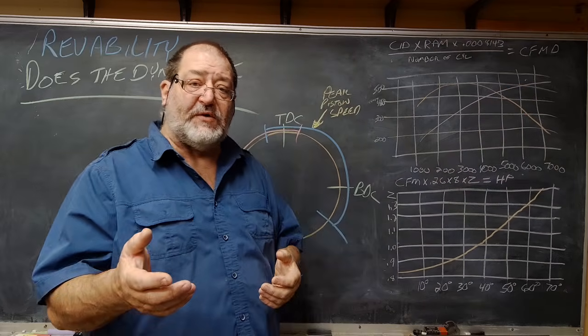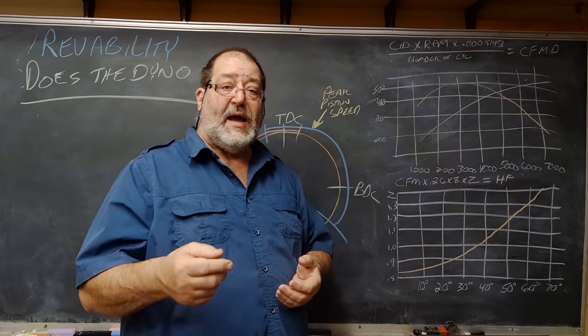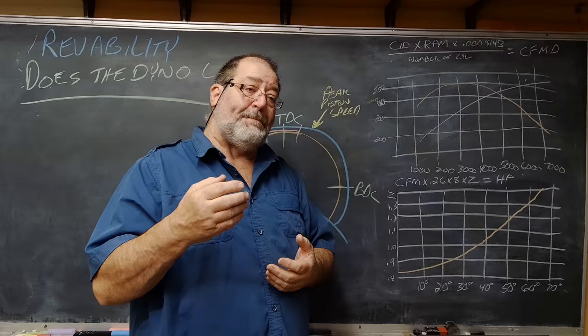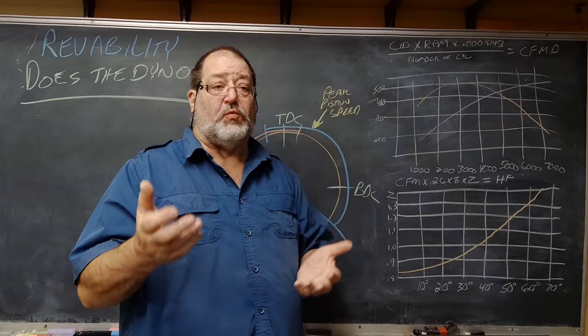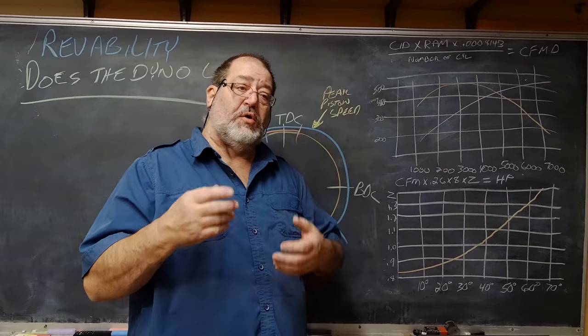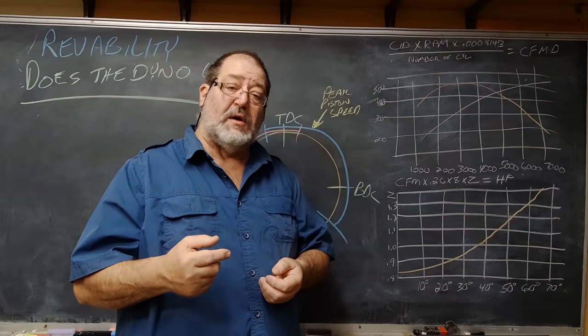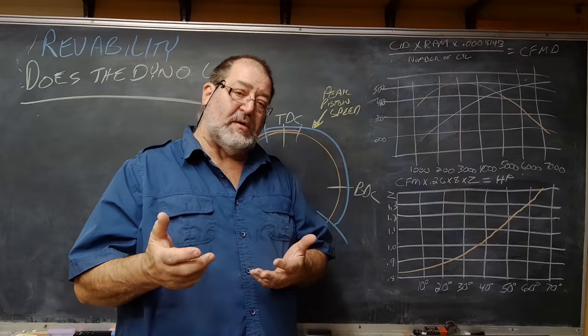And you can do this with an engine even if you are flow limited. Say you have certain rules and you can only run so much cylinder head, but you need more out of it.